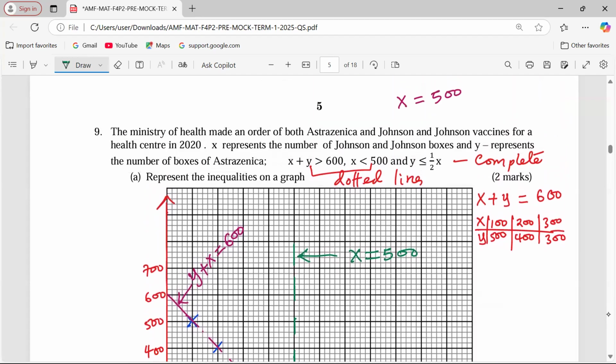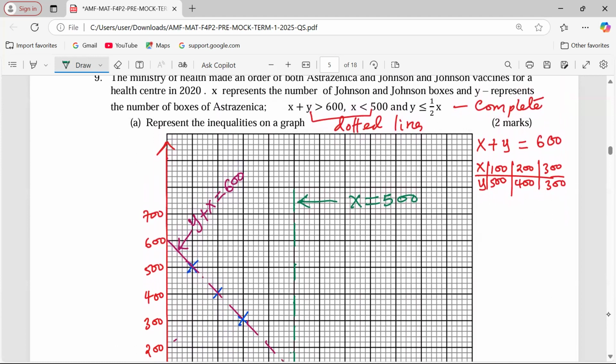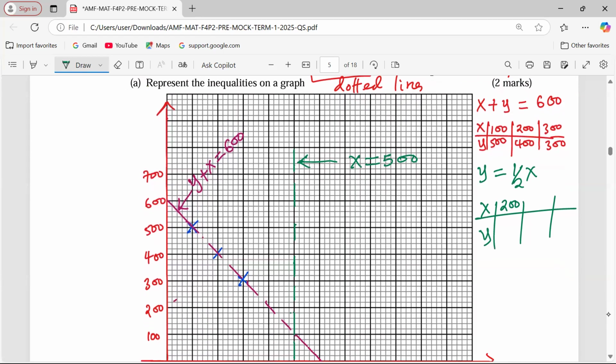The third and the last, y less than or equal to half x. So y equals half x. So we can get some three coordinates. When x is 200, the value of y will be half this value, so 100.